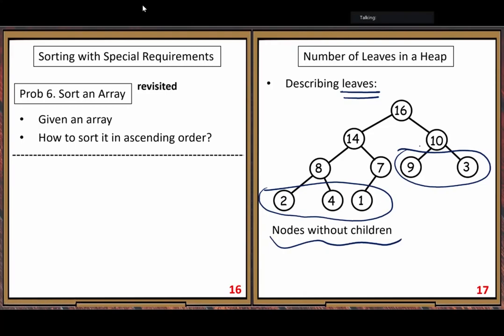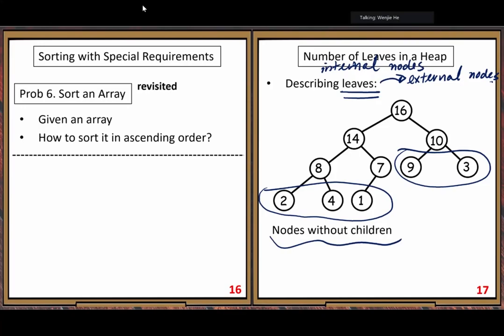Other than leaf nodes, we call internal nodes. Leaf nodes, some people also call external nodes. Same thing. Internal, external. All right.